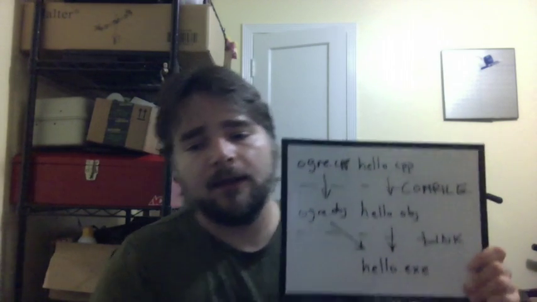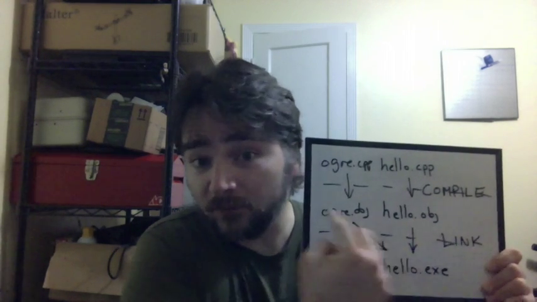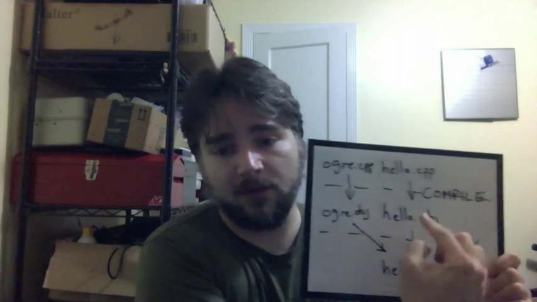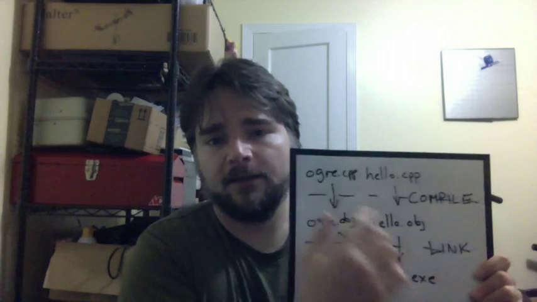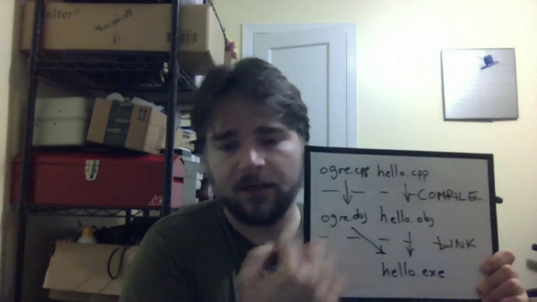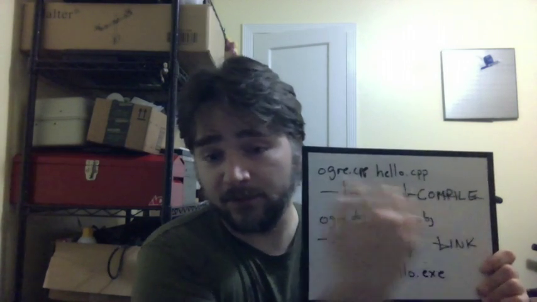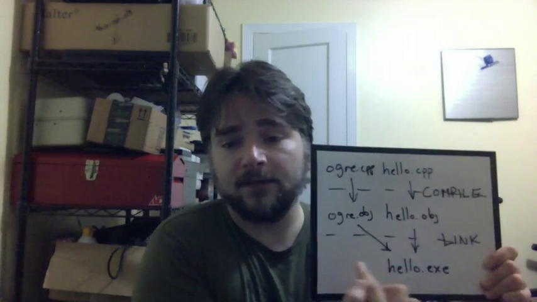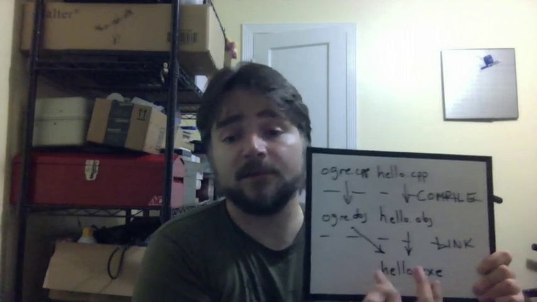In this middle layer, we have compiled stuff, so this is machine code. No single part of this is a full program, but it's all machine code. The top is stuff we can read as humans. The middle is stuff the computer can read, and down here we have something that the computer can run, meaning it has all of the necessary components.